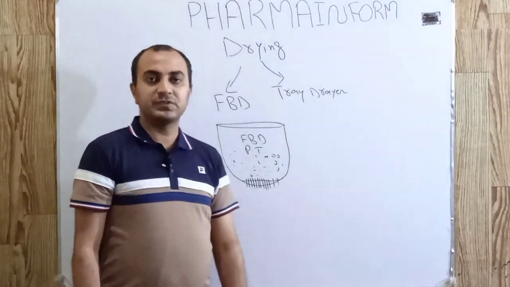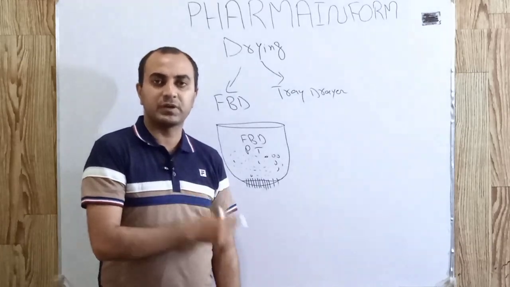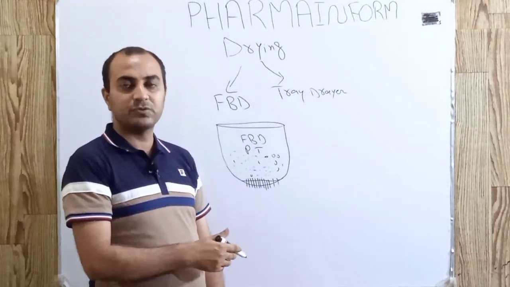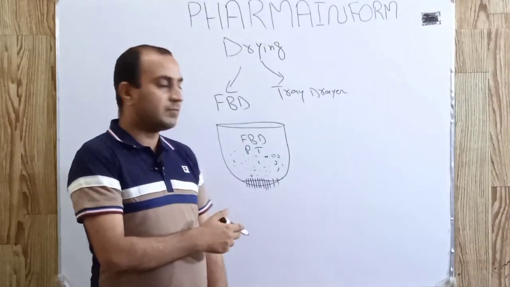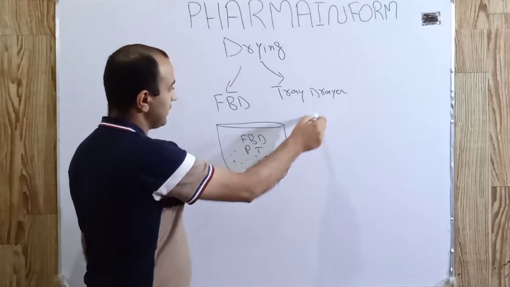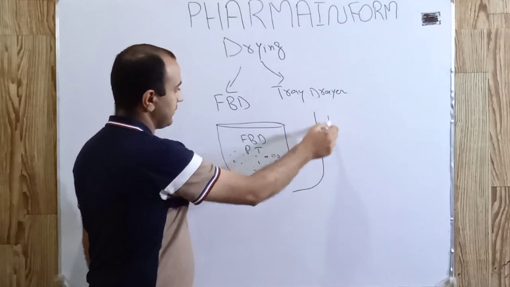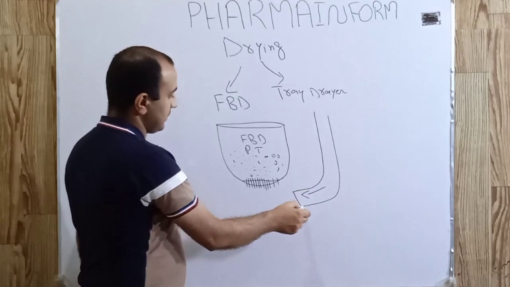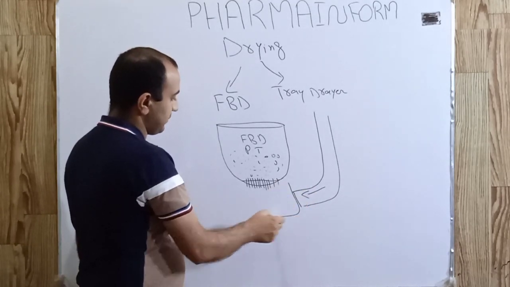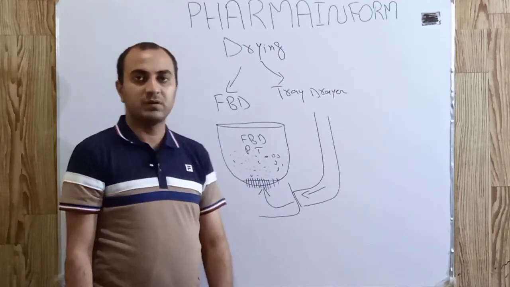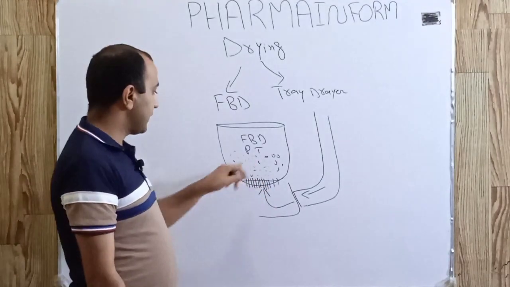Basically we will discuss the mechanism or working or principle of FBD in our next videos. Here is a basic overview. We have an inlet pipe which supplies hot air to the bowl of the FBD.